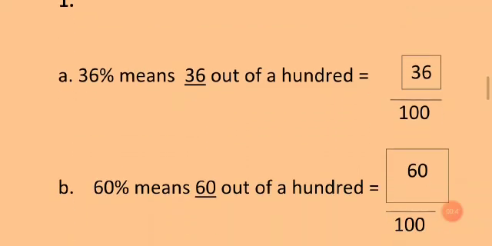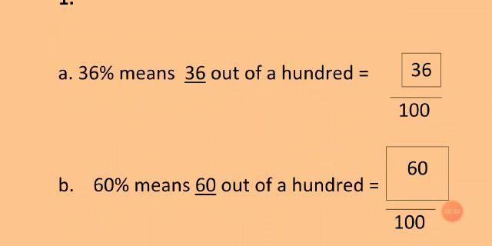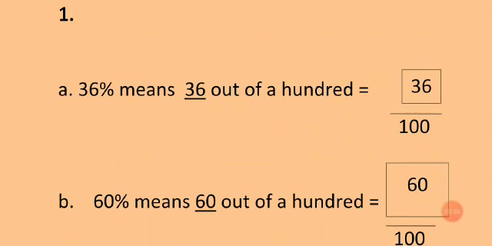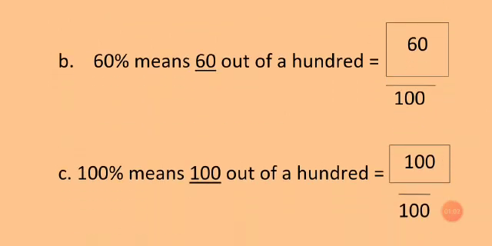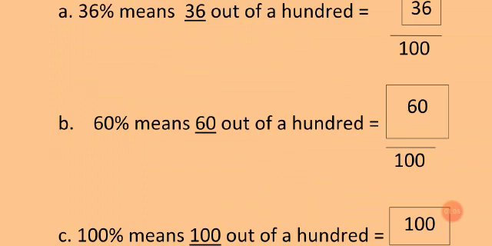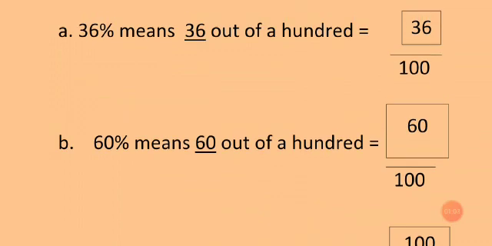Okay. The number 1 question requested that you should complete the empty spaces. You had number 1, A, B, and C. For number 1A, 36% means 36 out of 100.